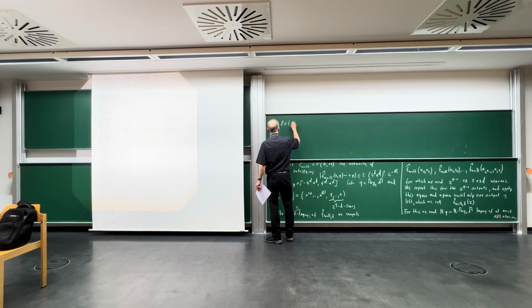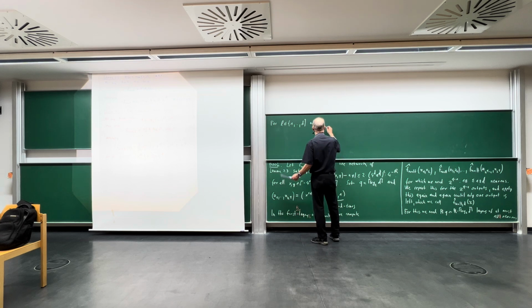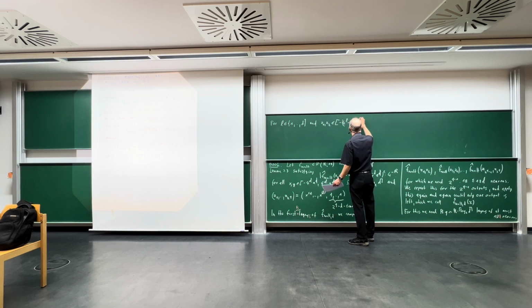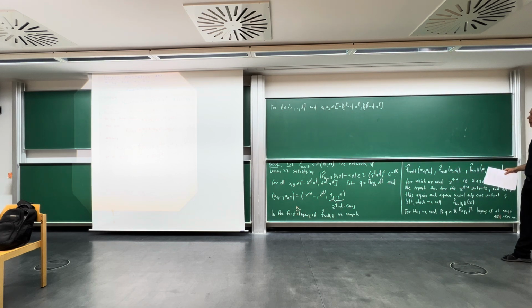For l in 1 to d, and Z1, Z2 in minus 4^{l-1}, 4^{l-1}. I want to give an upper bound on the absolute value of f_mult(Z1, Z2).